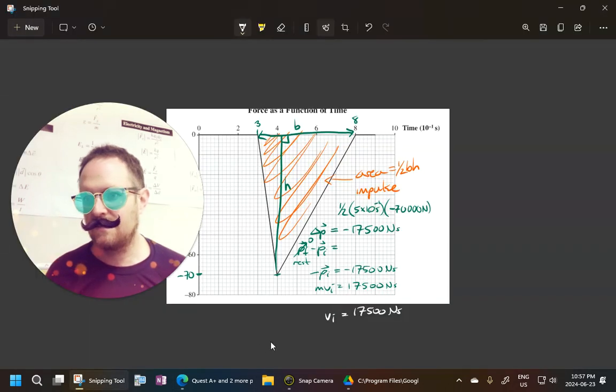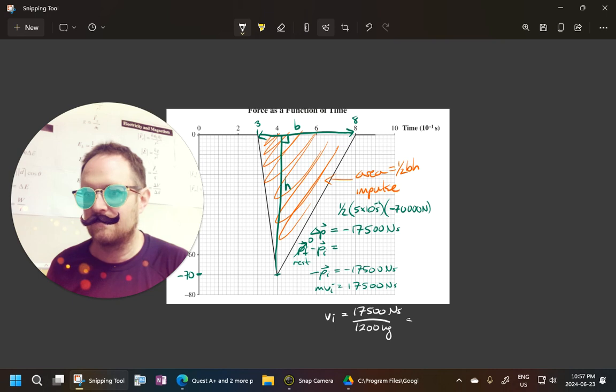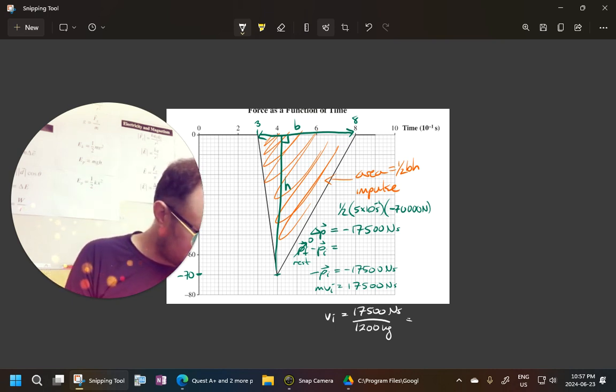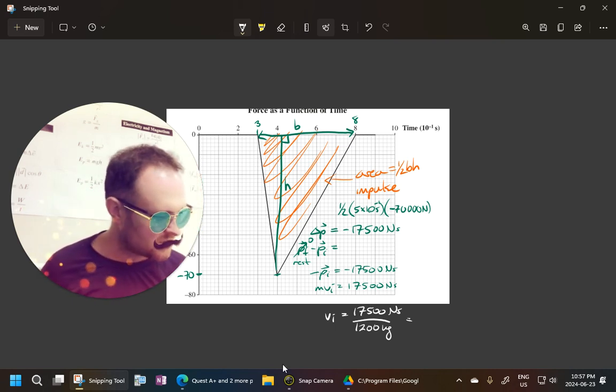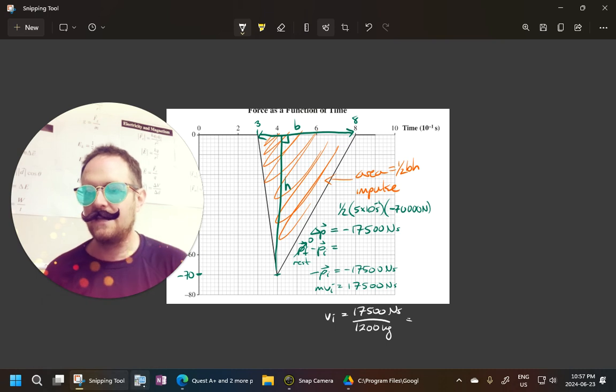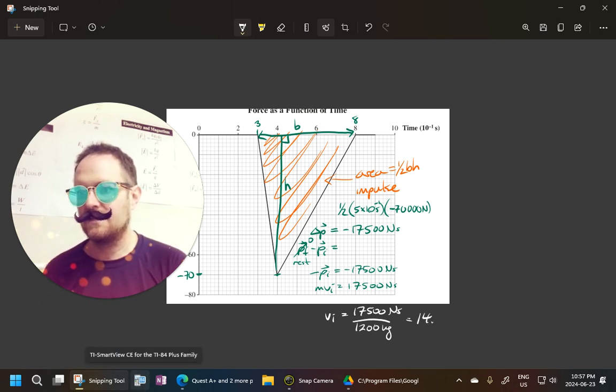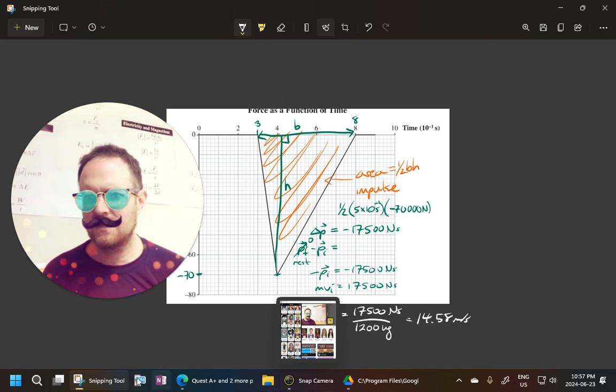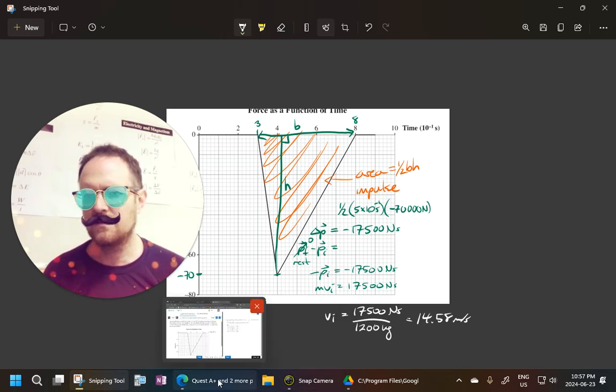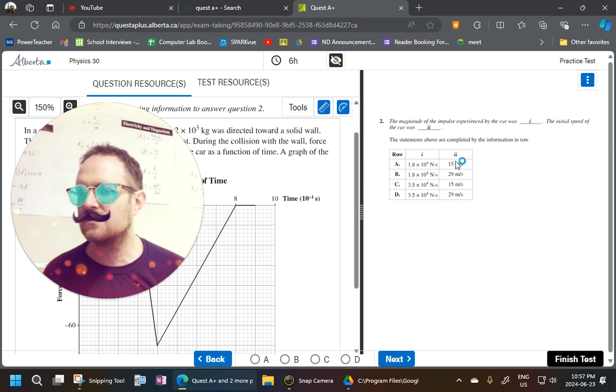So let's go back to my math. Divide by 1,200 kilograms, and we get 14.58. I don't know why I write that down, because it just disappears into the void. But that would make this answer 15, so it's going to be A.